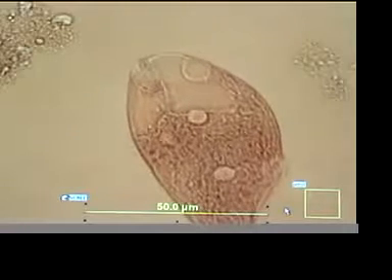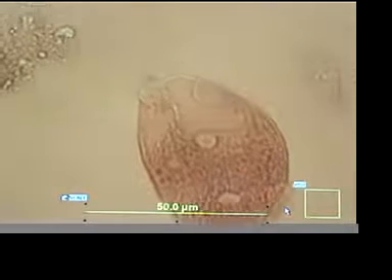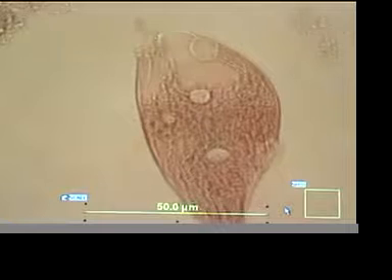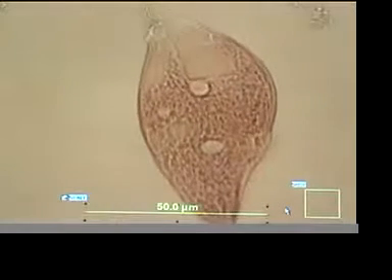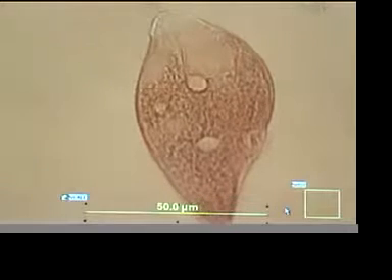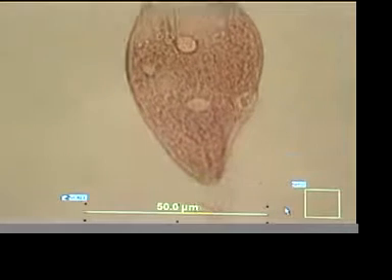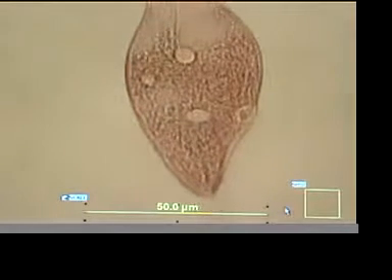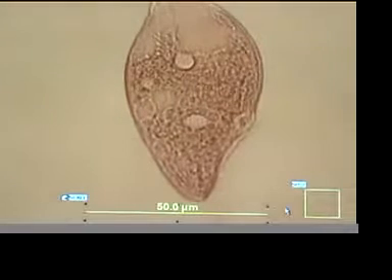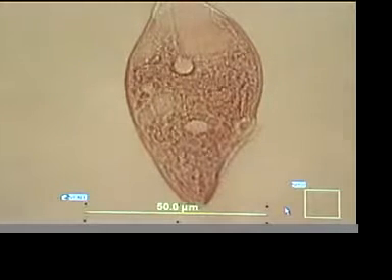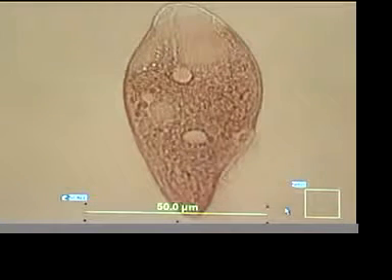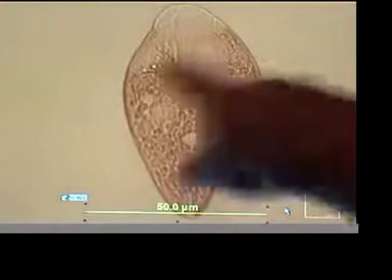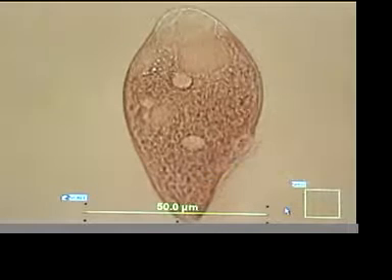We'll follow this organism as he continues to move here. Kind of surprising me that he is capable of movement. Which might mean that we don't have the right frequency, but the internal structures look pretty different here now.